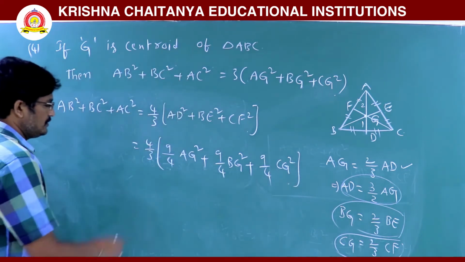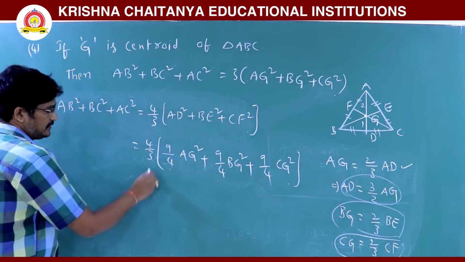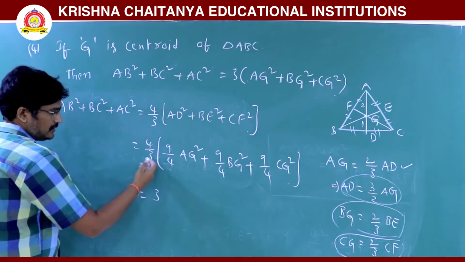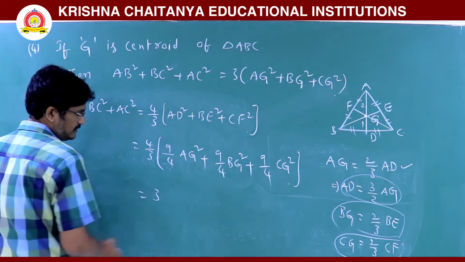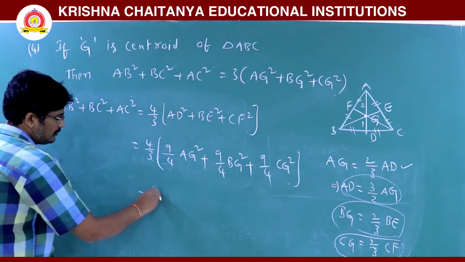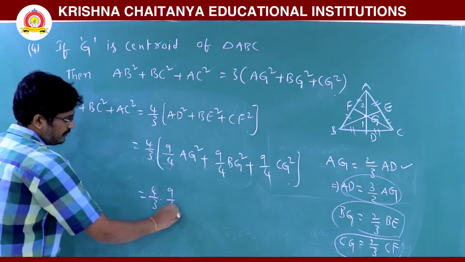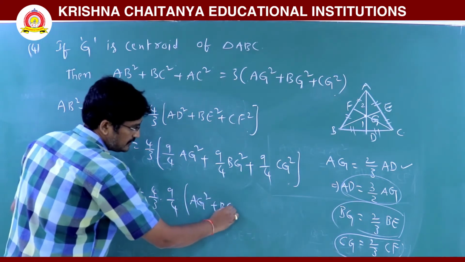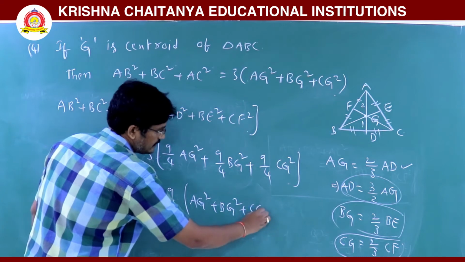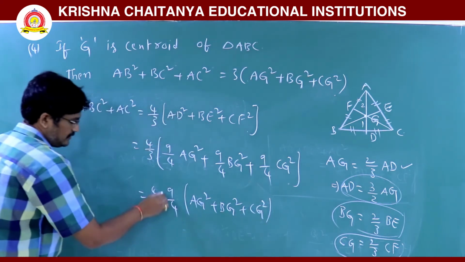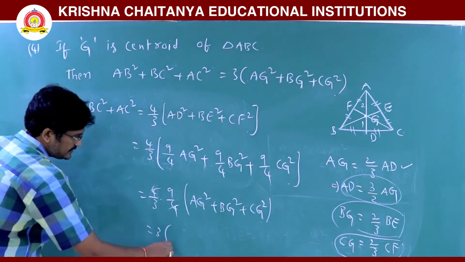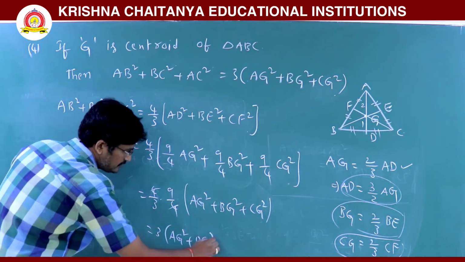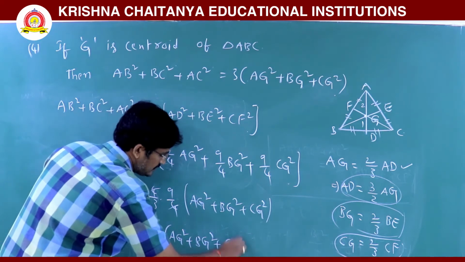Take 9 by 4 as common: 4 by 3 into 9 by 4 into AG square plus BG square plus CG square. Then 4 gets cancelled, the answer is 3 times of AG square plus BG square plus CG square.